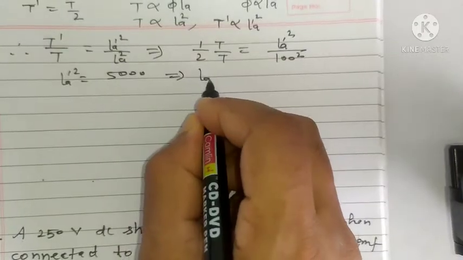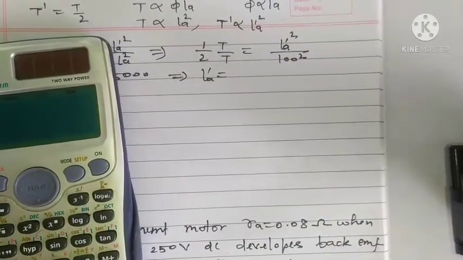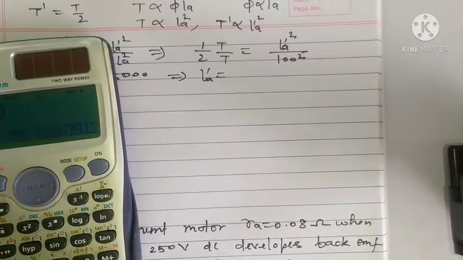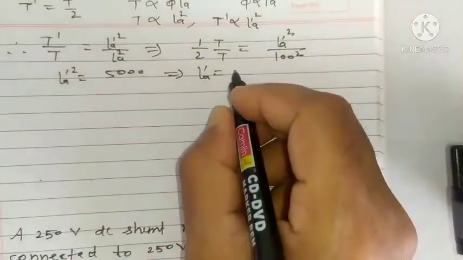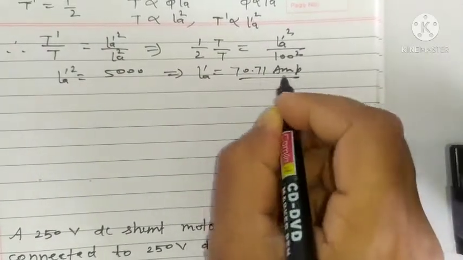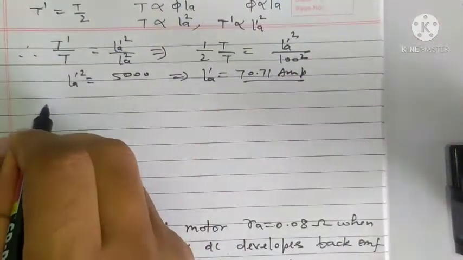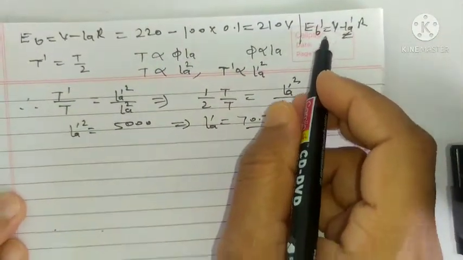So this implies IA dash will be under root 5000, it comes as 70.71. So the new current is 70.71 ampere, original current was 100 ampere, now current is changed, so we can find EB dash.